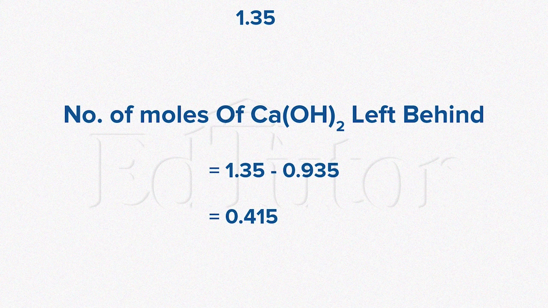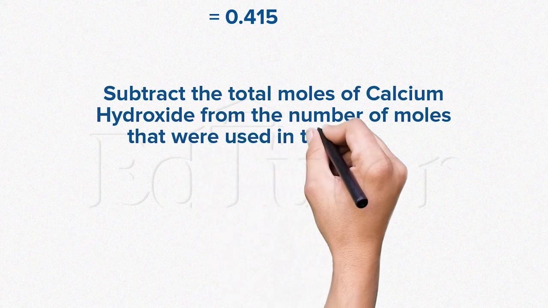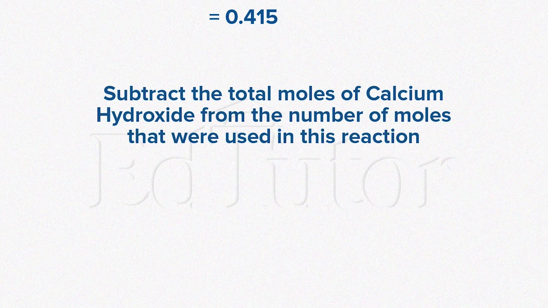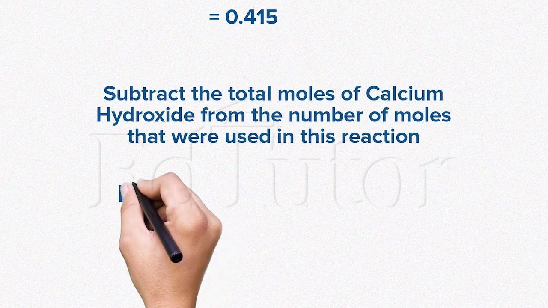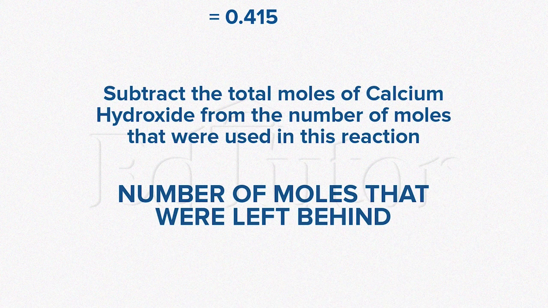Do you understand what we did here? All we did is subtract the number of moles of calcium hydroxide used in this reaction from the total moles, which provides us the number of moles of calcium hydroxide that were left behind after the reaction, or that were left unreacted. Once we have the number of moles of calcium hydroxide left behind, can we find out the mass of the unreacted reagent?